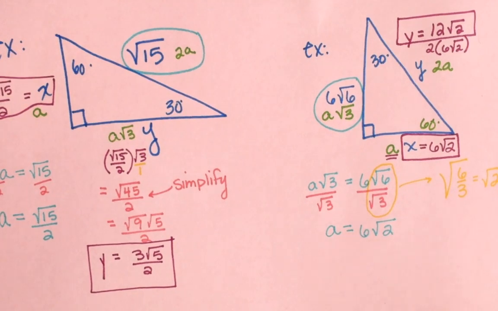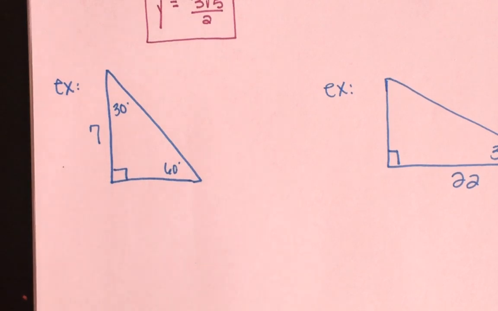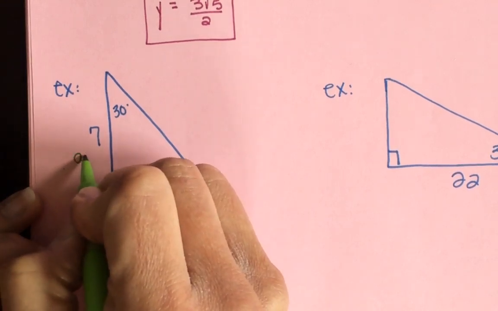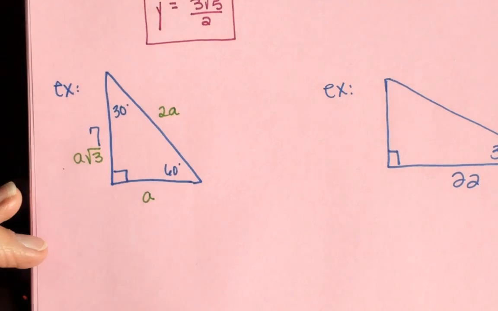All right, last two. We have our 30, 60, 90, and we're going to start with our steps. Opposite our 30 is a, opposite our 60 is a radical 3, opposite our 90 is 2a.